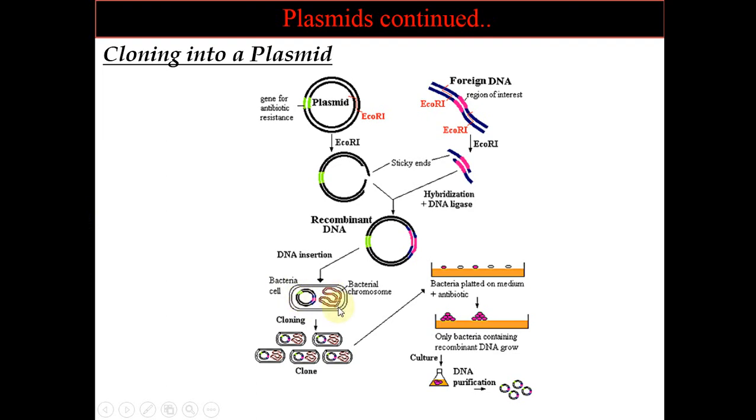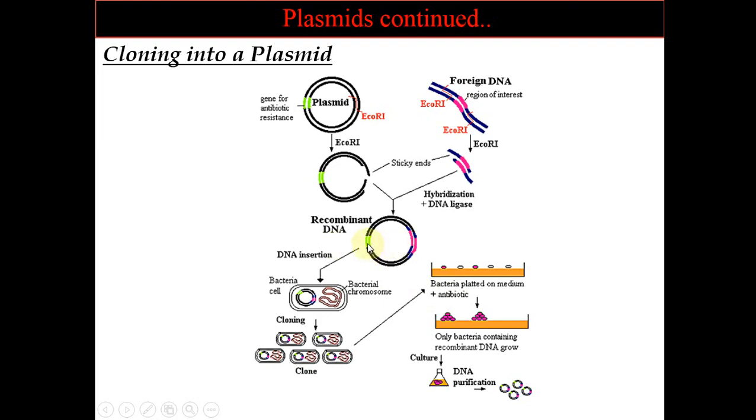Now these host cells which are transformed have this ampicillin resistance gene present in them because they have this recombinant DNA. So host cells after transformation are grown on the medium containing ampicillin.